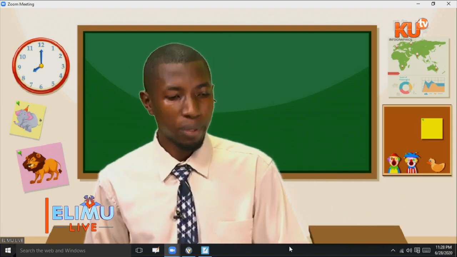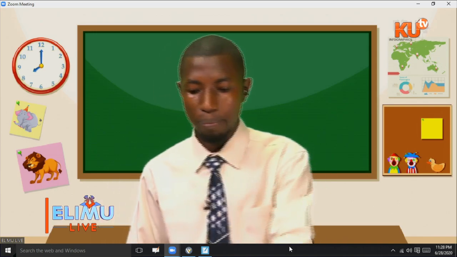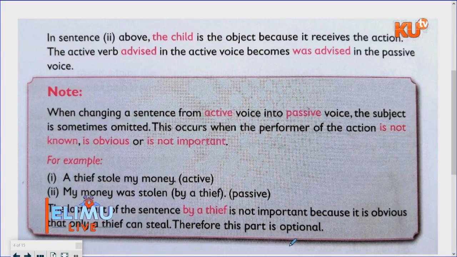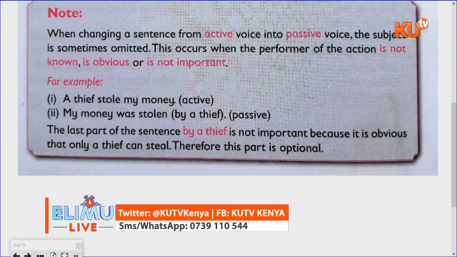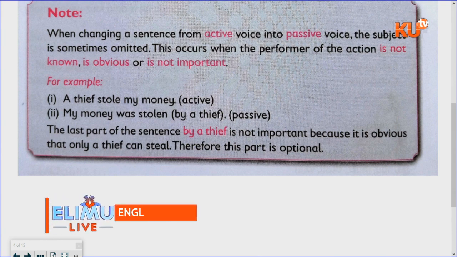Let me give you an example. A thief stole my money. That is in active voice. My money was stolen. Then you omit the subject, which is by a thief, in passive voice. Why are you omitting by a thief?